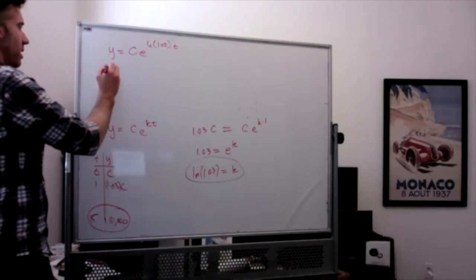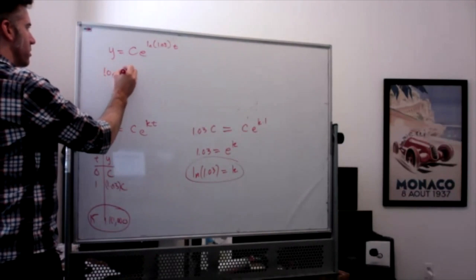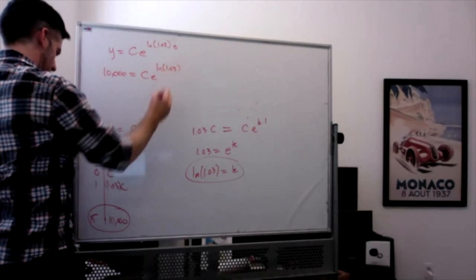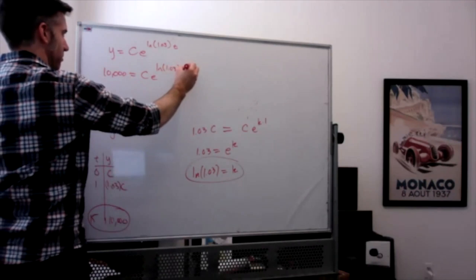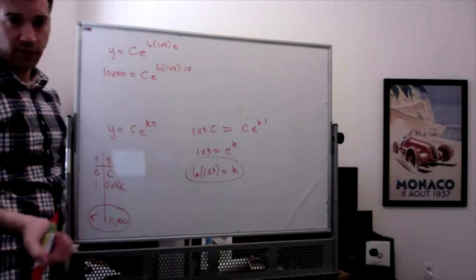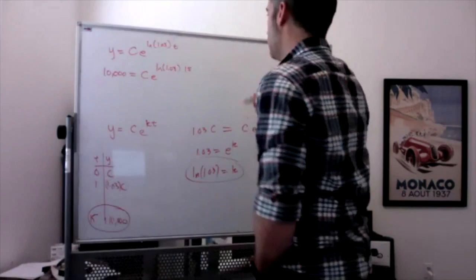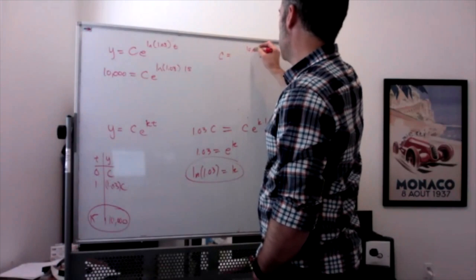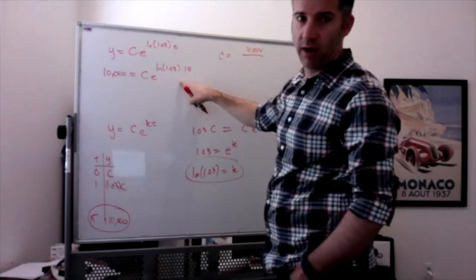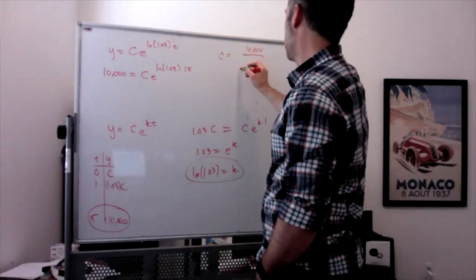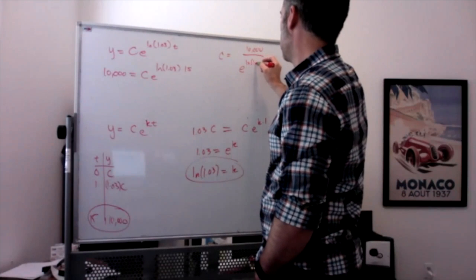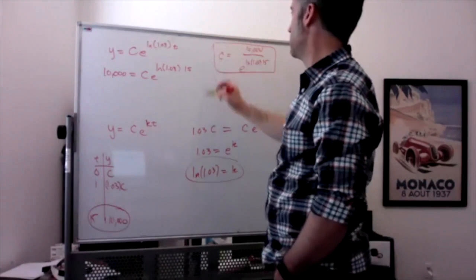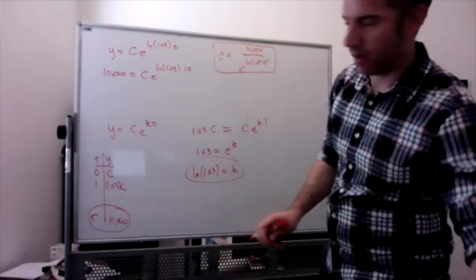So I plug in 10,000 for y and 15 for t. We can solve for c. So it looks like c is going to equal 10,000 divided by e to the natural log of 1.03 times 15. Whatever that number is, I don't think we actually need to find it. Oh, fine, we can find it.